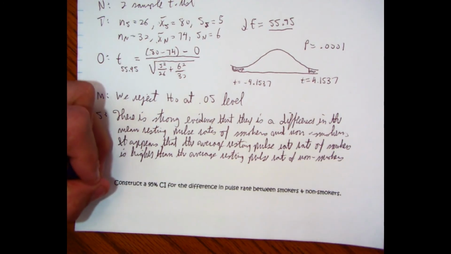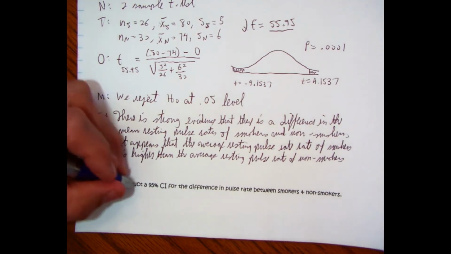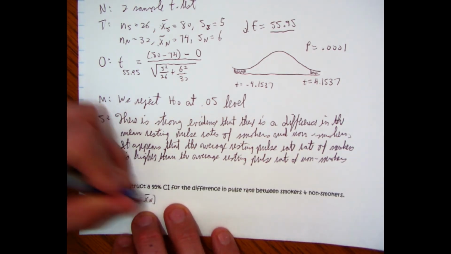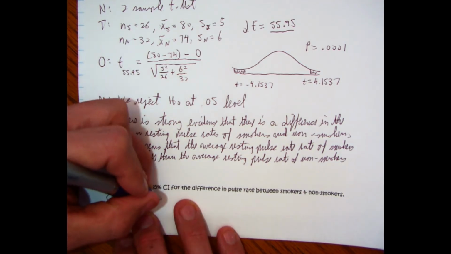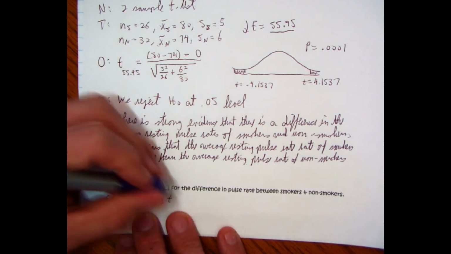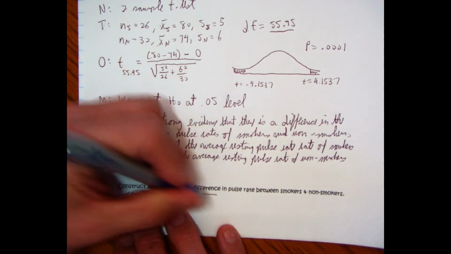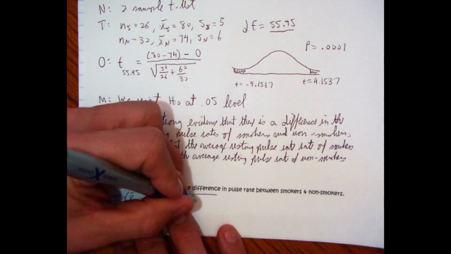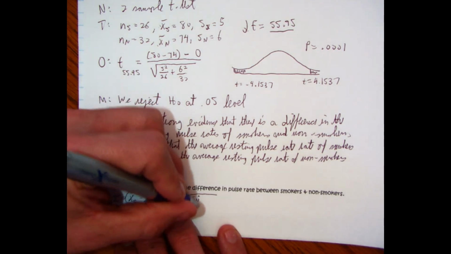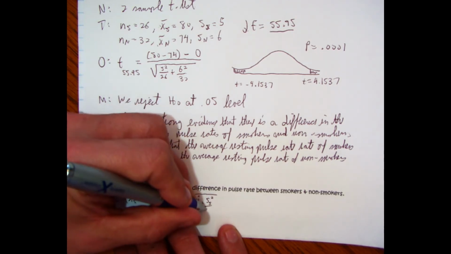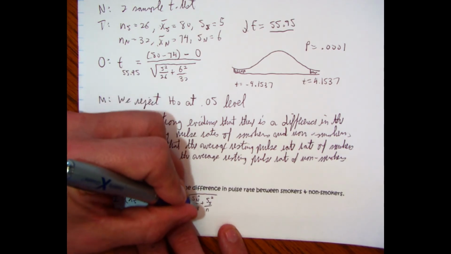So now we've got to construct a 95% confidence interval. Our confidence interval is the difference in the two statistics, plus or minus t with, we'll just call it, 56 degrees of freedom, times the square root of S1 squared over n1 plus S2 squared over n2, and this is n sub n, this is n sub s.